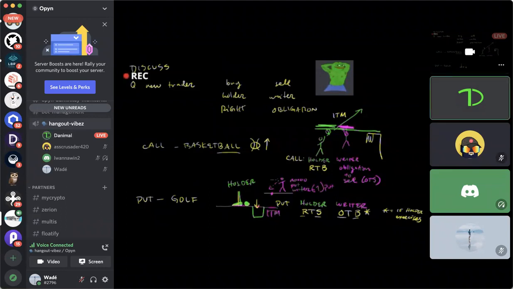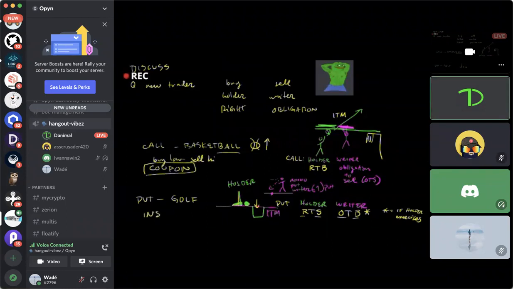And if you have a call, if you have the right to buy something at a lower price than its present value, then you're at a trading advantage, right? So the call, you're thinking buy low, sell high, and that ticket, that coupon, gives you the right to do that.